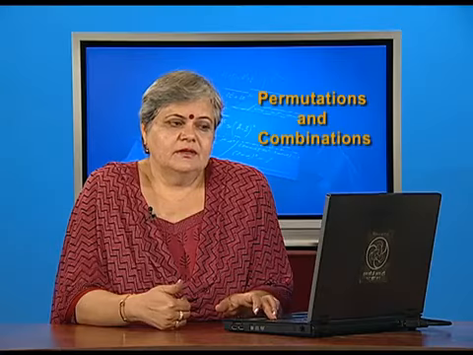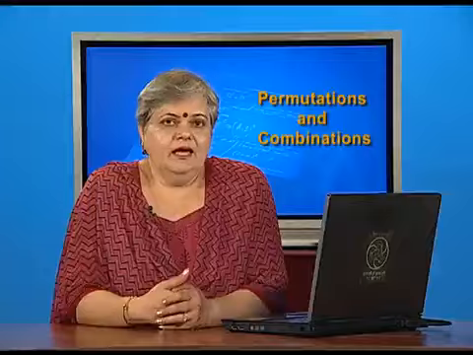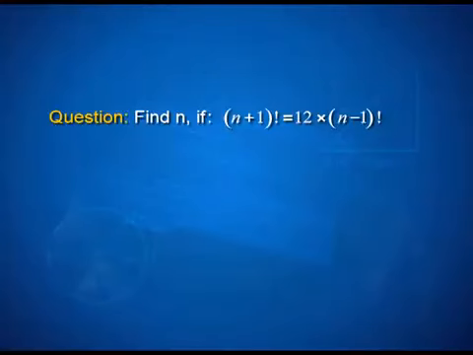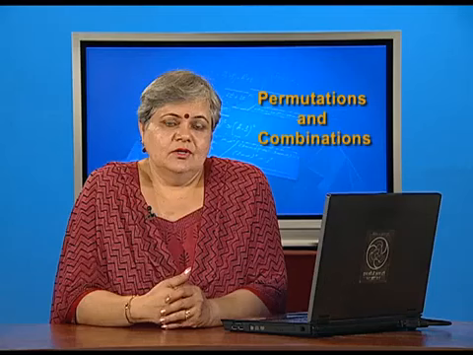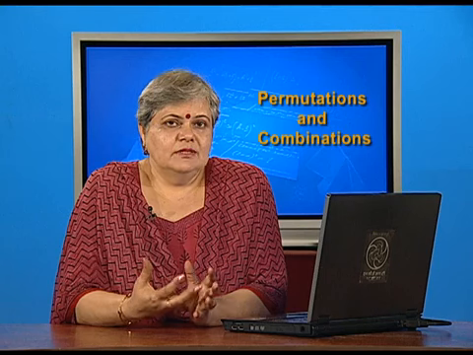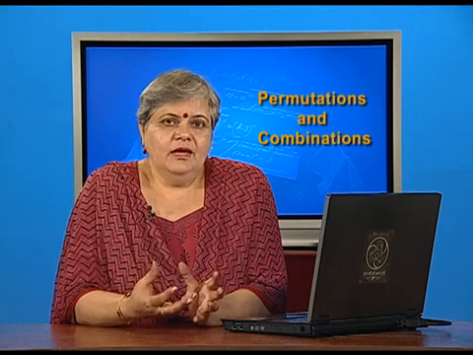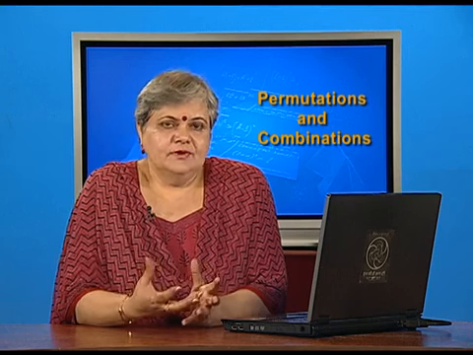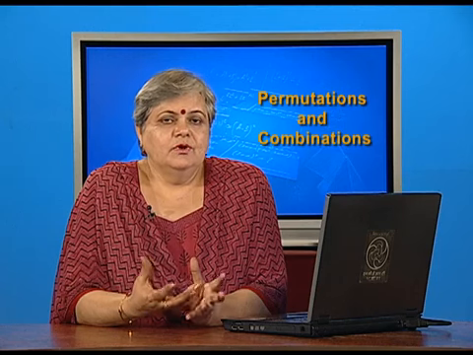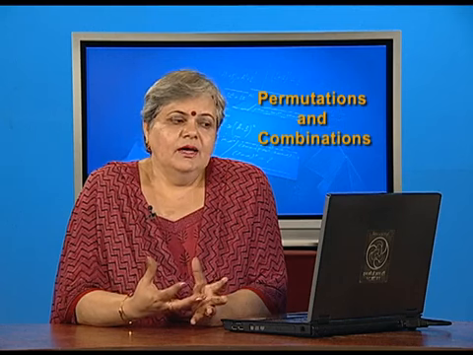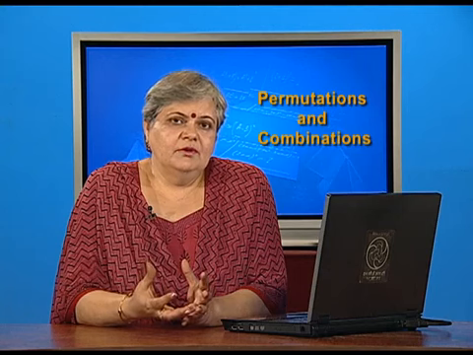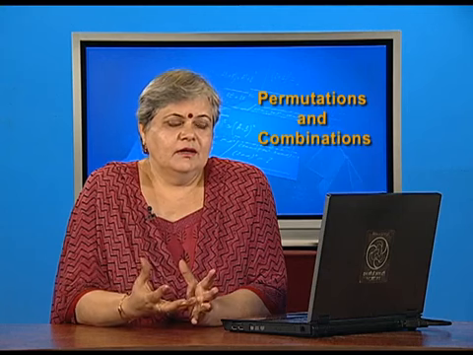One more question asks you to find n, if it is given that n plus 1 factorial is 12 times n minus 1 factorial. In a way, we have to solve this equation for n, and the equation contains factorial notation. So, what would one do? Do I expand n minus 1 factorial or n plus 1 factorial?